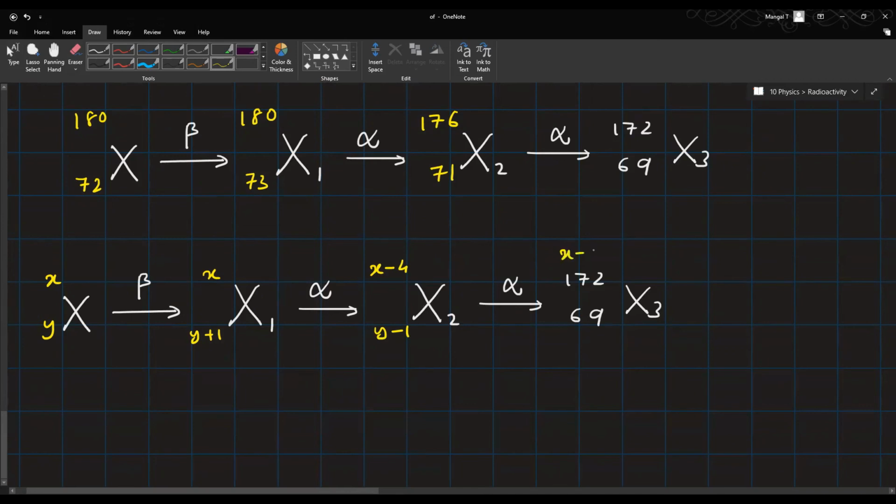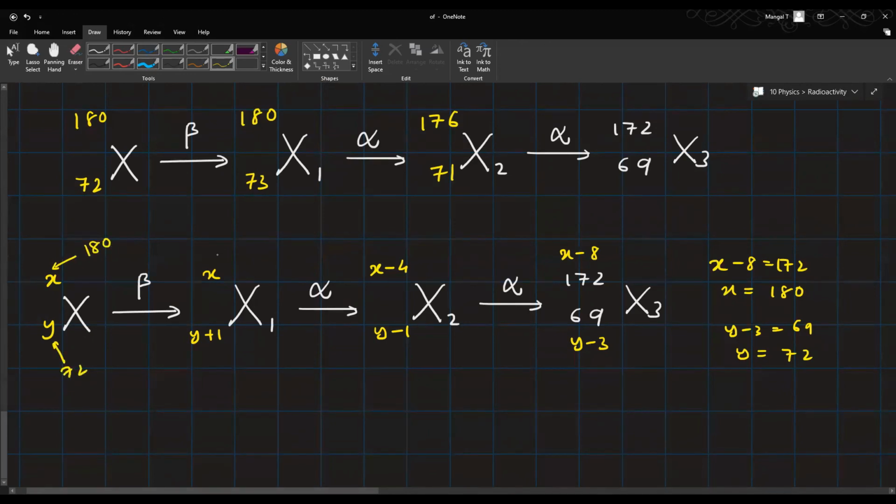And over here, you'll get X minus 8 and you will have Y minus 3. So you get X minus 8 as 172. Therefore, X will be 180. Y minus 3 is 69. So Y is 72.